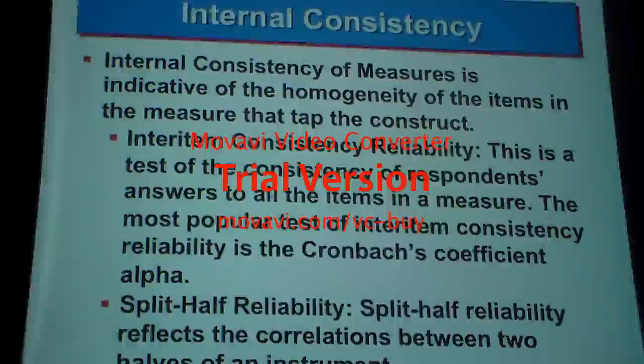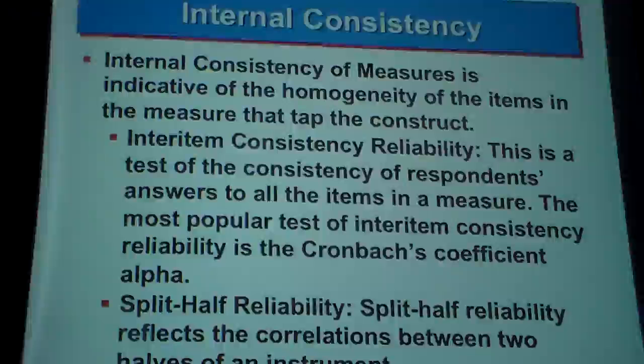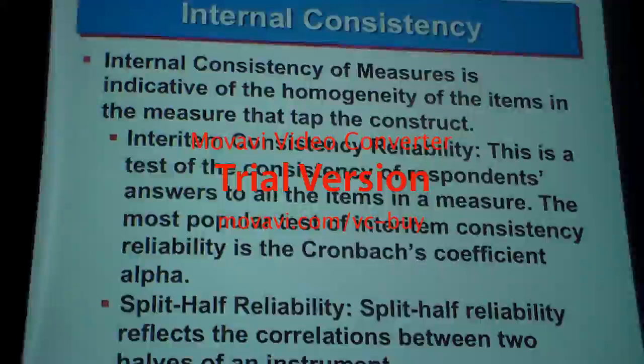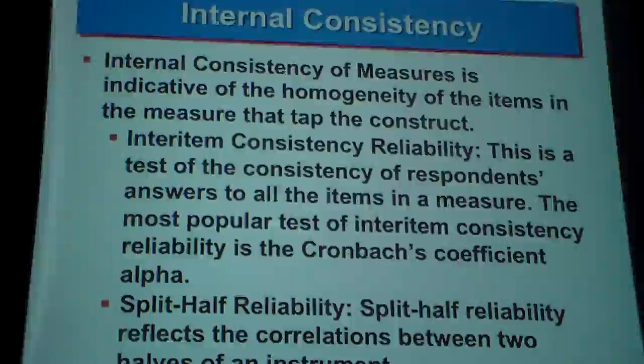Correlation means if this item behaves in some way, the other one should behave in a similar pattern, or you can find a relation. Yes, you can determine a relation between the two parts, so you can say these two parts are correlated. The degree of correlation can be highly correlated or low correlated. Okay.